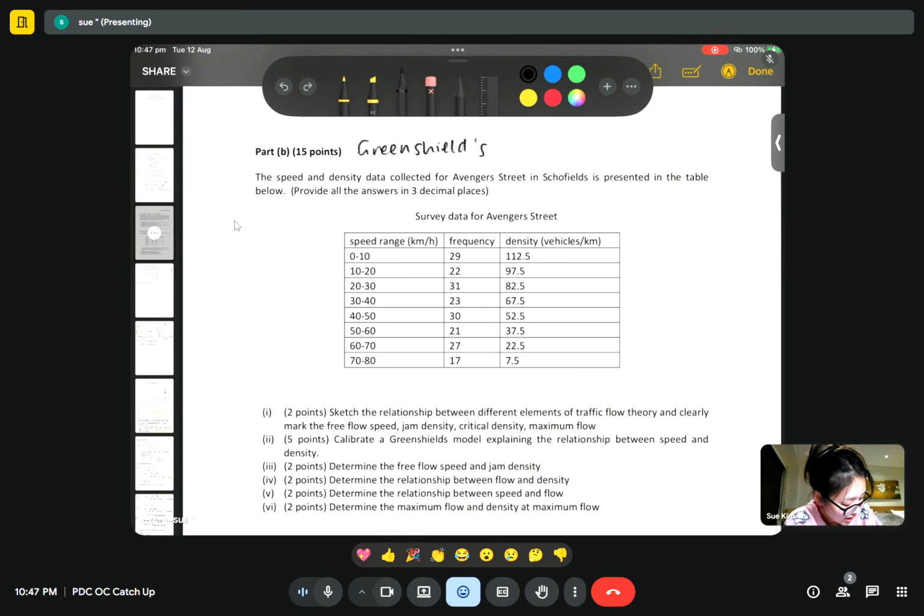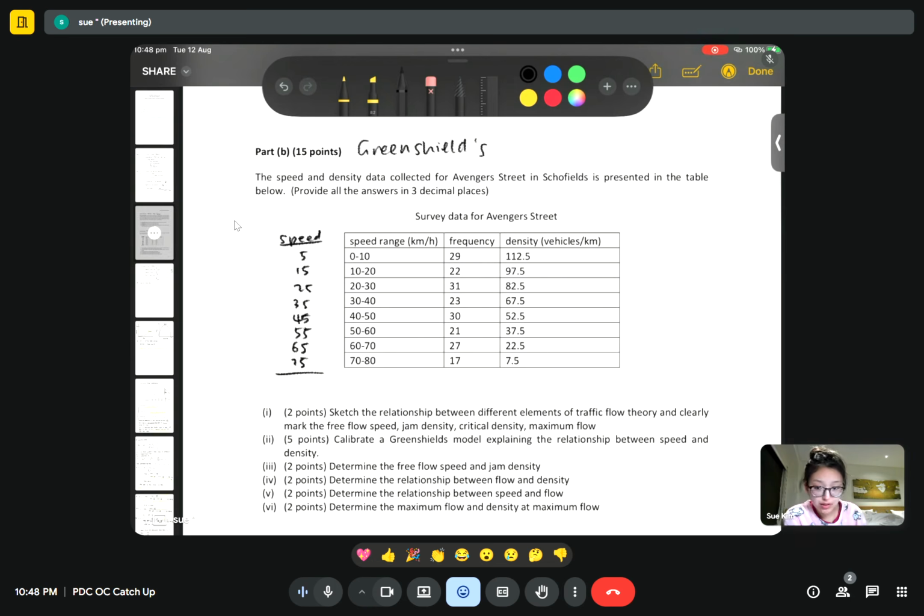So what we're going to do is take the middle number of each speed range and use that as the average speed value that we're going to use to calculate stuff. So I'll just write here. That would be 5, 15, 25, 35, etc. So just taking the middle number like that.